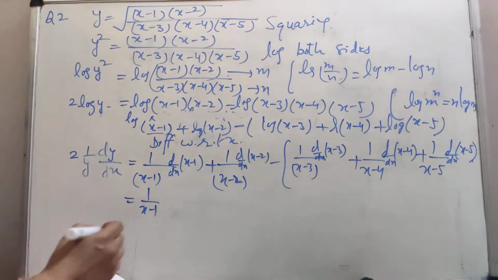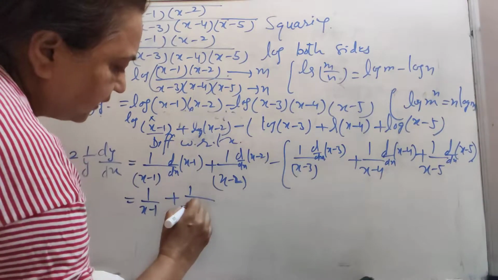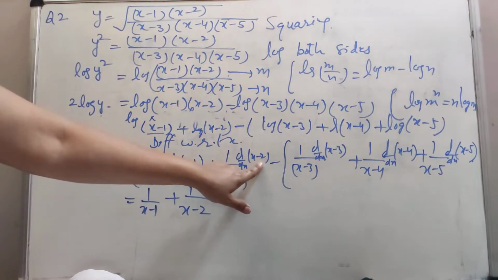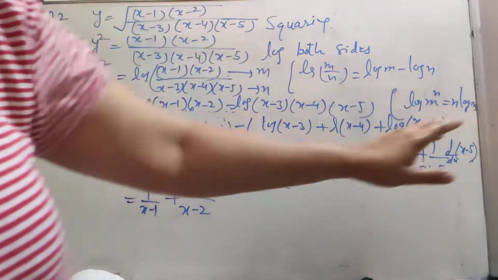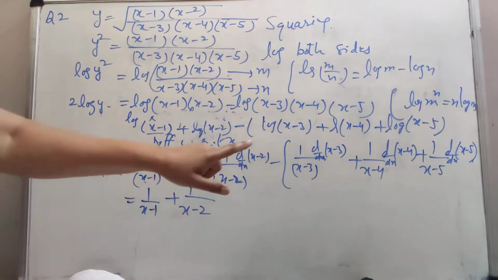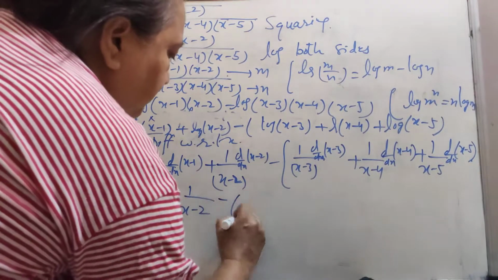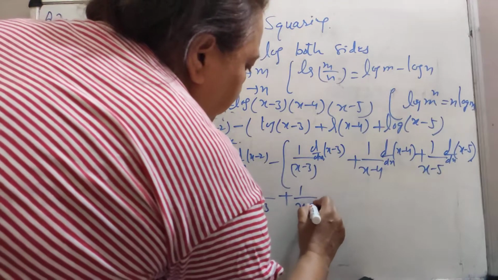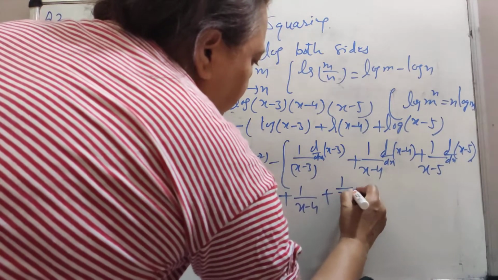So because the derivative of x is 1 and of 2 is 0, in all the portions the same thing happens, it will come 1 over, 1 over, 1 over. So minus 1 over x minus 3, plus 1 over x minus 4, plus 1 over x minus 5.